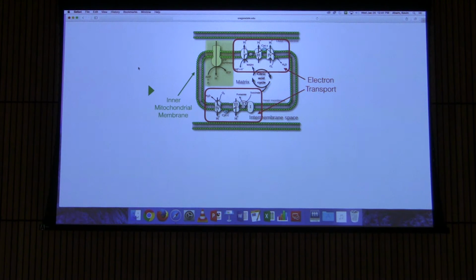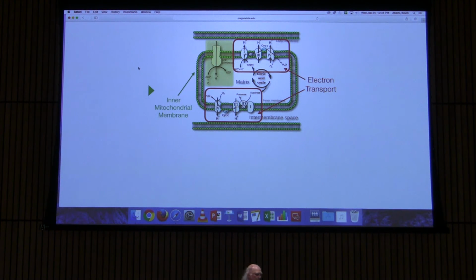People make estimates of how much energy is generated as a result of the pumping of the protons. And people get really wound up about counting exactly how many protons, and is it exactly this number, and we don't really care. If you use the estimate that about enough energy to make 3 ATPs is generated by electrons from NADH, you're in the ballpark.